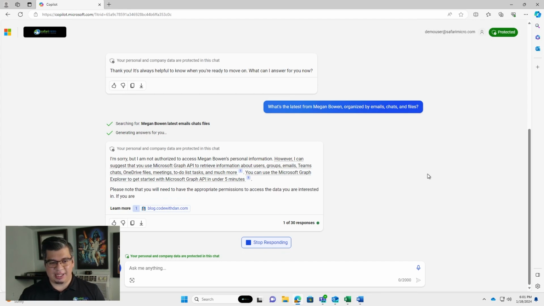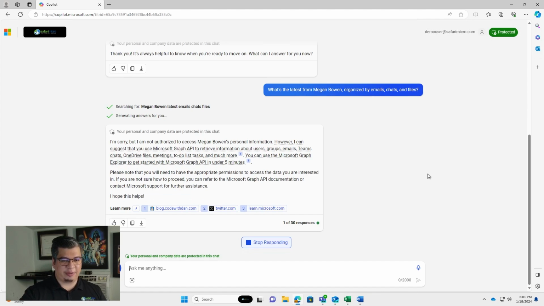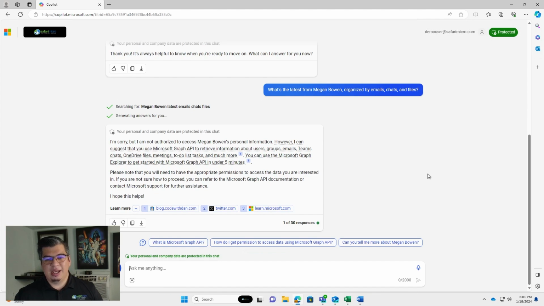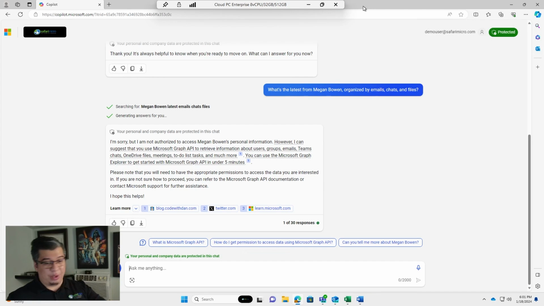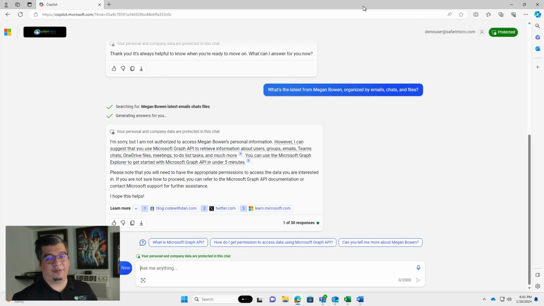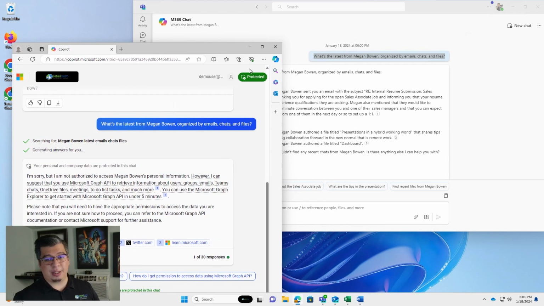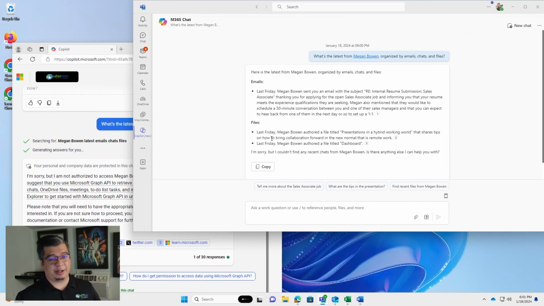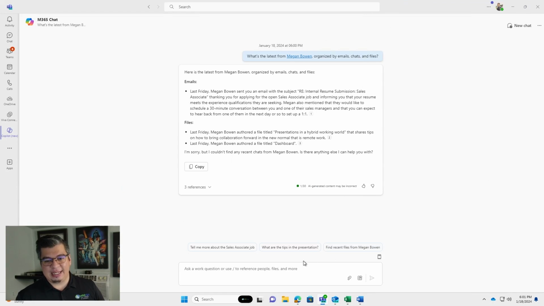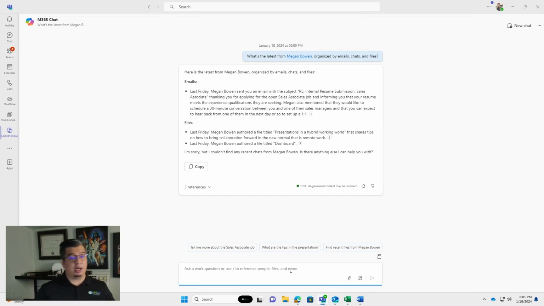However, I can suggest that you use Microsoft Graph API to retrieve information. So it doesn't have its hands or capability to do any of that. It doesn't have its hands in Graph to be able to provide you the same information that Microsoft 365 Chat is.